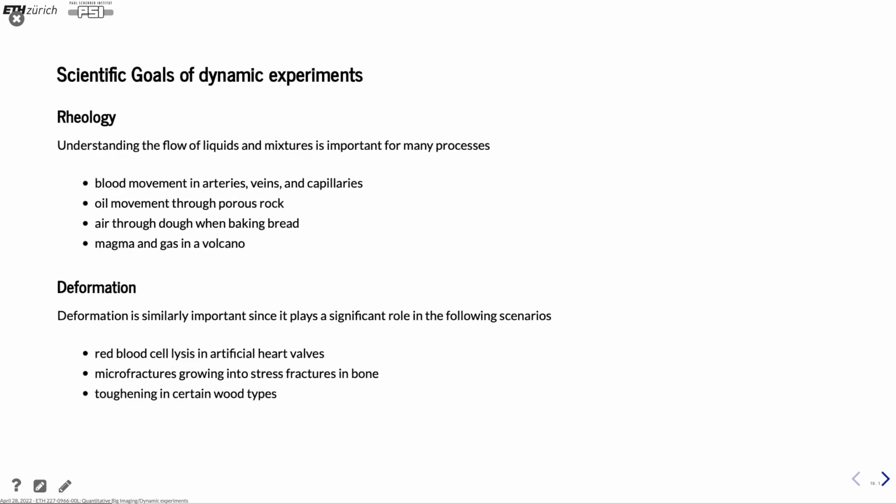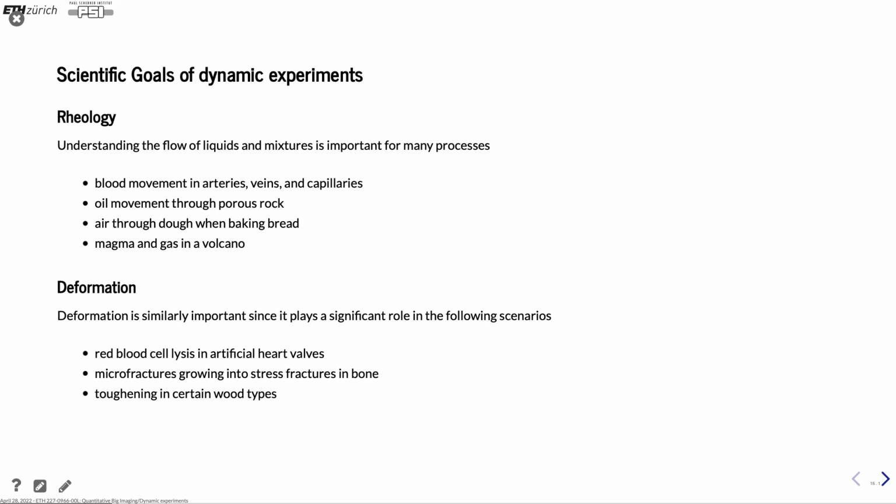So what we can look at are topics like movement of liquids and mixtures of those. So we have blood movements in arteries and veins, oil moving through porous rock, air through the dough while baking bread, magma and gas in volcano.